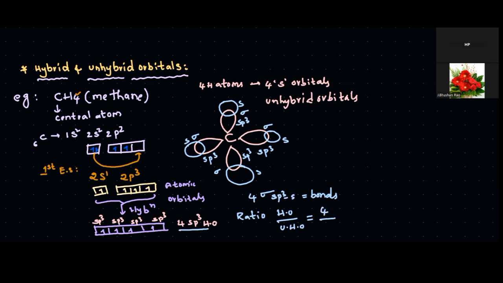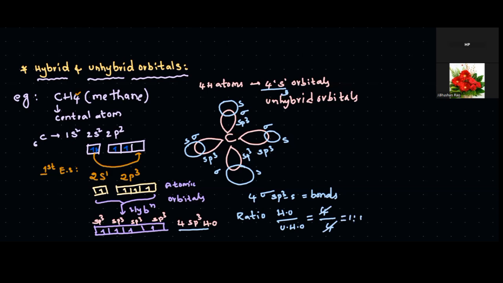So 4 by 4, both cancel with each other. Now the ratio is 1:1. The ratio of hybrid and unhybrid orbitals in the CH4 molecule is 1:1. This is how to identify hybrid and unhybrid orbitals.